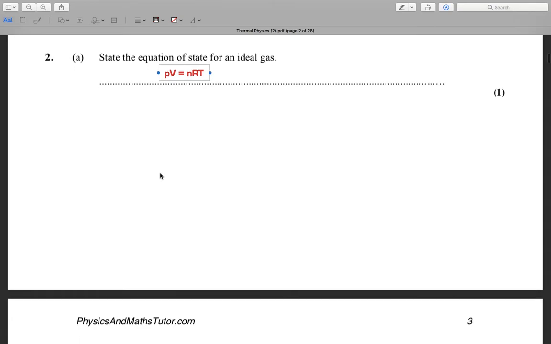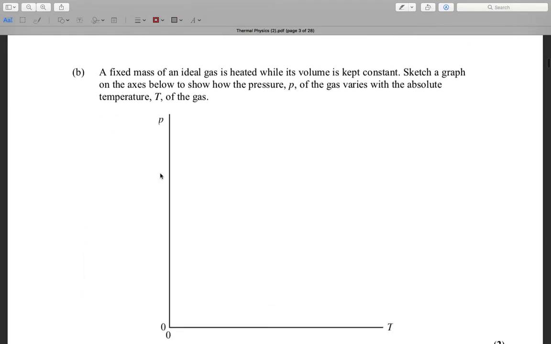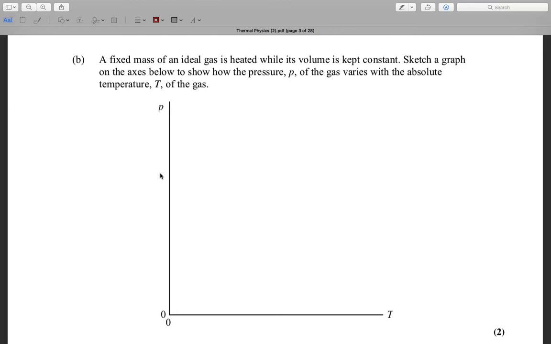See part B. A fixed mass of an ideal gas is heated while its volume is kept constant. Sketch a graph on the axes below to show how the pressure P of the gas varies with the absolute temperature T of the gas. This is a straight line through the origin.